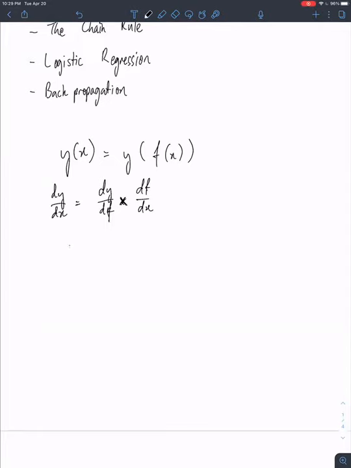So now suppose you have y equals f1 of g1 of x plus f2 of g2 of x, right? So it's sort of like the situation above where there's a function of a function, but now we're adding two of them.